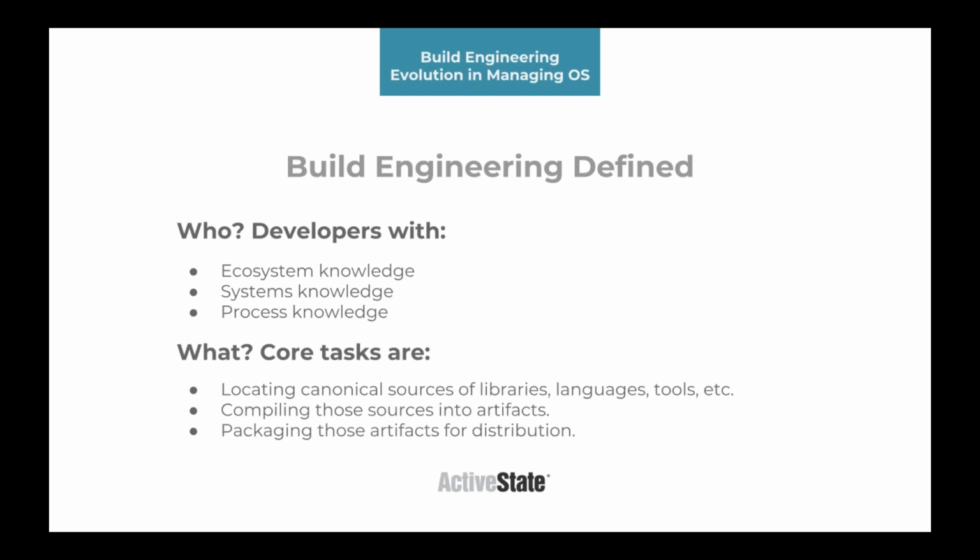And then what are the things that they're doing? You're looking at people who are going to be locating canonical sources of libraries, languages, and tools. Where do I get the definitive version of package X? Where's the latest version of this tool? Then also compiling those sources into artifacts.